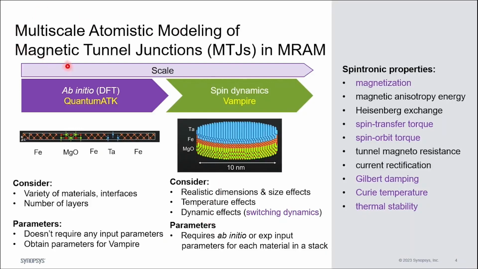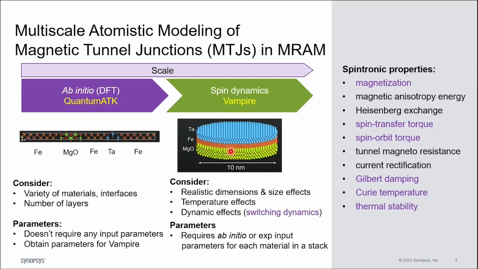So such multi-scale atomistic modeling of magnetic tunnel junctions, MTJs in MRAM, with ab initio DFT methodology and atomistic spin dynamics, plays an important role in the continued scaling and performance improvement of memory devices.